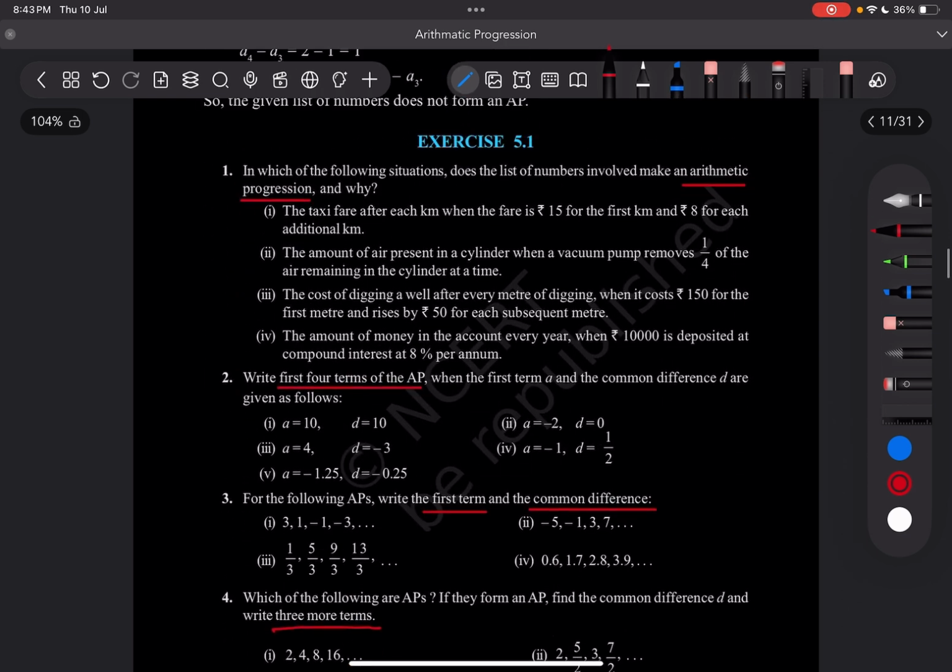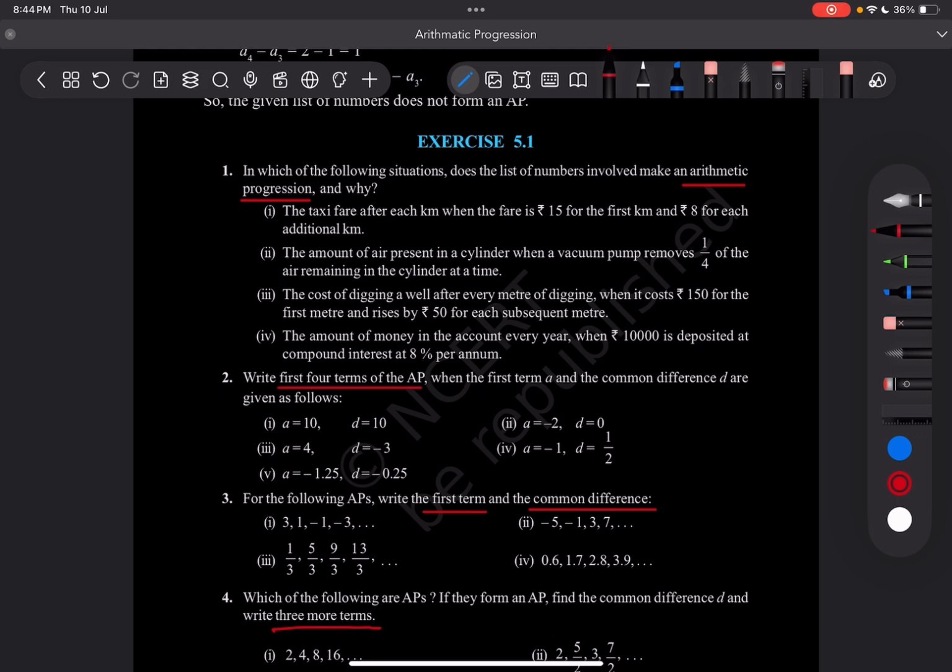So to start with, let us take the first question. The taxi fare after each kilometer, when the fare is ₹15 for the first kilometer and ₹8 for each additional kilometer.